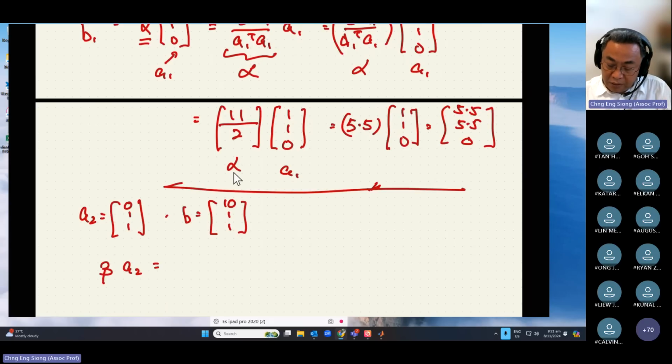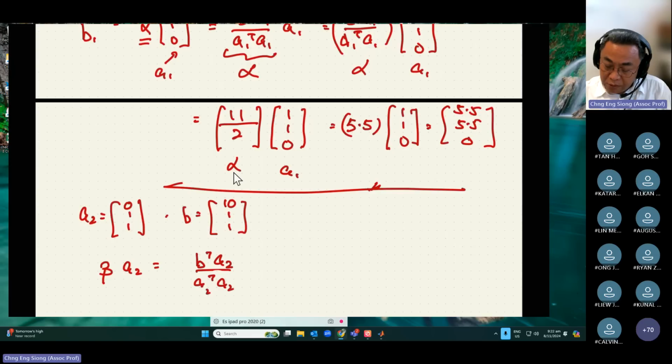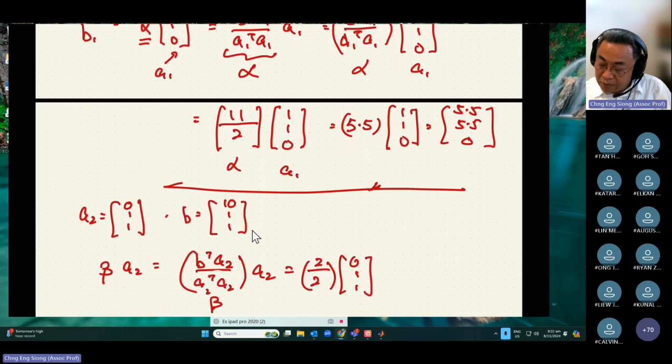Of course, again, you say B transpose A2 over A2 transpose A2. This is beta A2. The answer is, on top is what? 1 times 1, 1 times 1, so it's 2, right? Below is 2, and here is 0, 1, 1, and the answer is 0, 1, 1. So this is equal to B2.